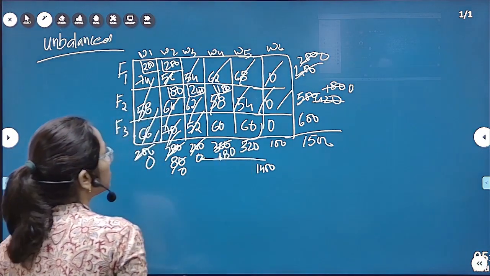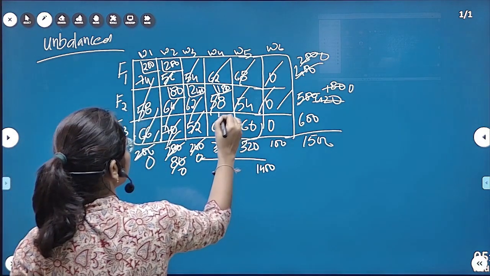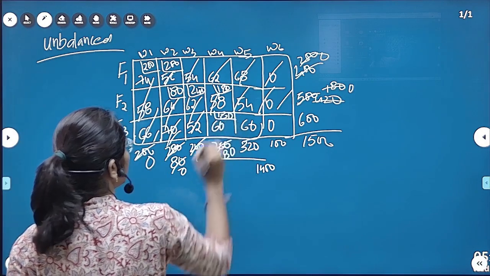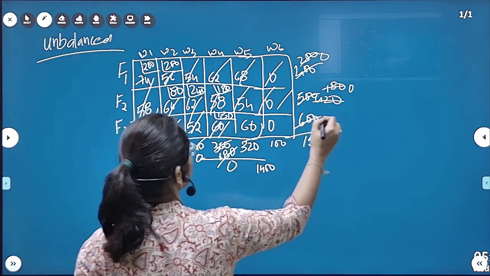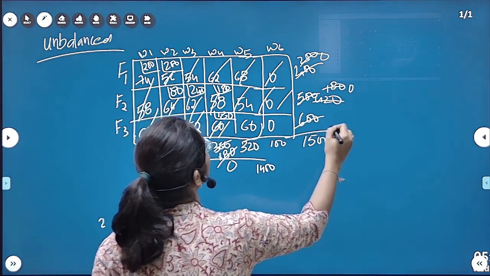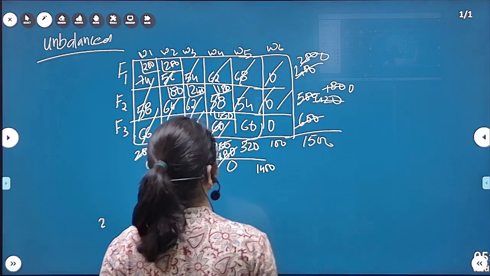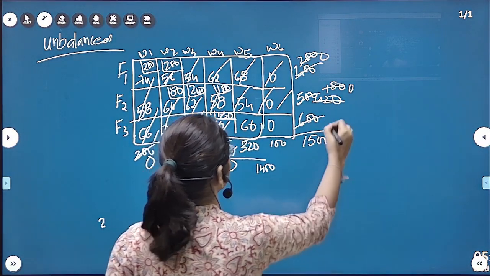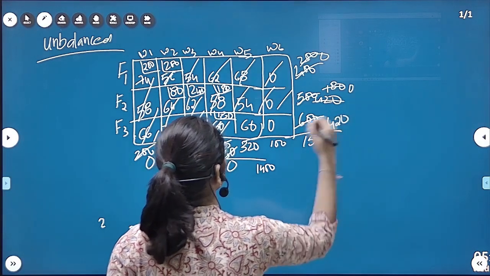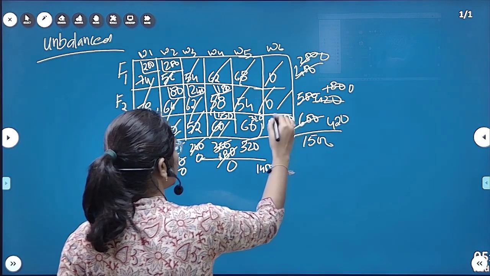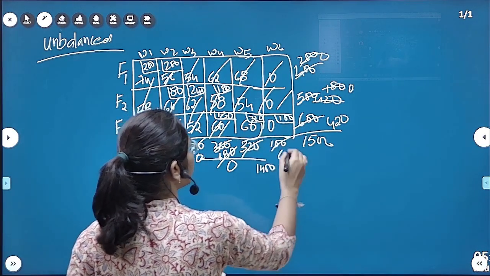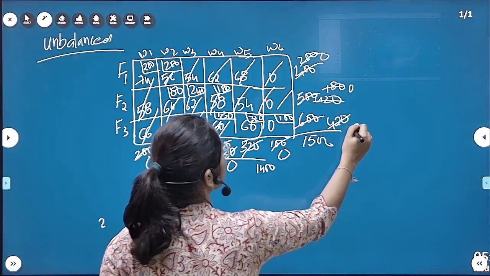Now next 180 units from F3, so this will become 0. Scratch it. 600 minus 180, 420. So here 320 units and this is 100 units. So we have met all demand and supply.